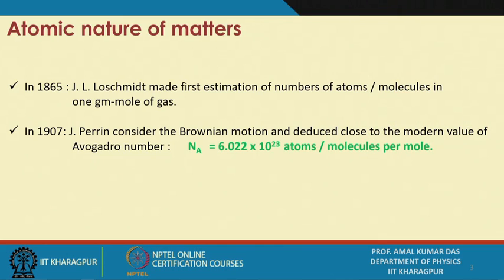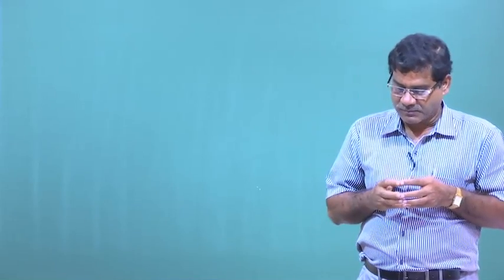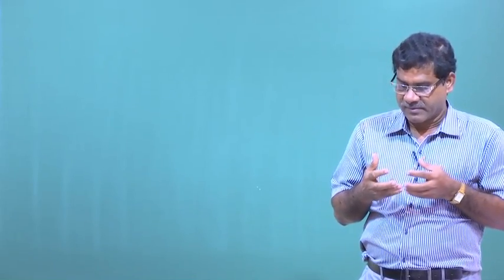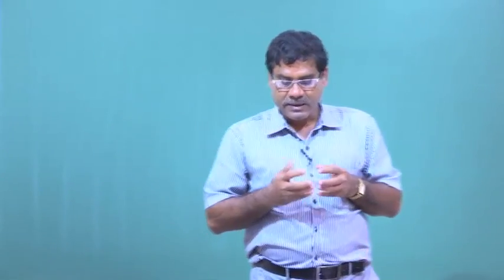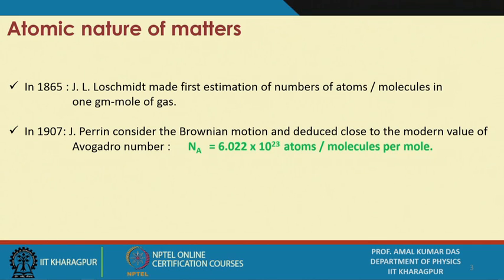Then in 1907 J. Perrin considered the Brownian motion, the motion of particles suspended in a liquid or in a medium, and deduced the number of molecules or atoms per mole.